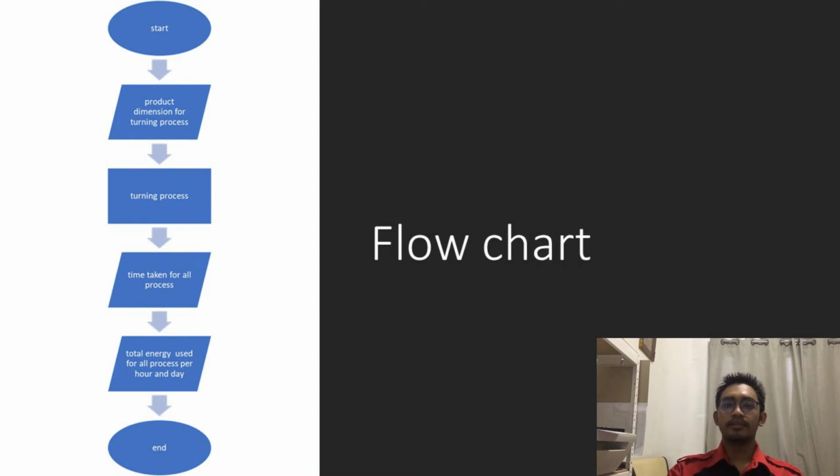In this program, I divided into two axes, which is x-axis and y-axis. Then the turning process will proceed, and the time taken for all the processes will be calculated, and the total energy for all processes per hour and per day will be calculated, and then end of the program.